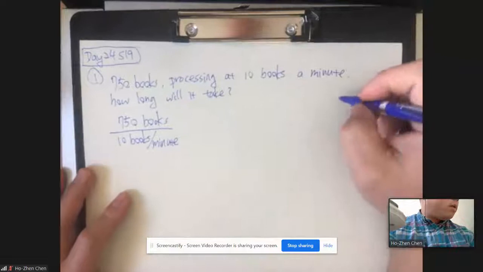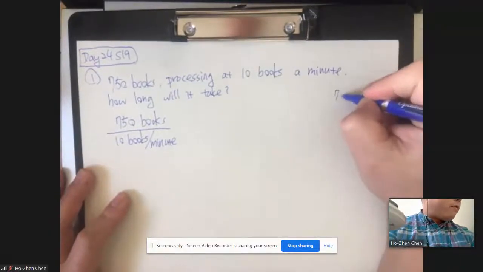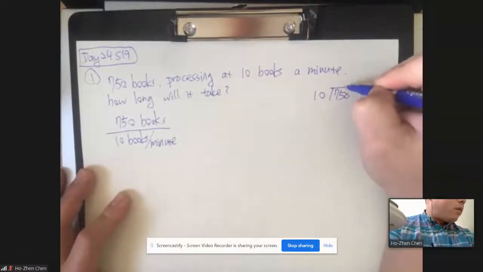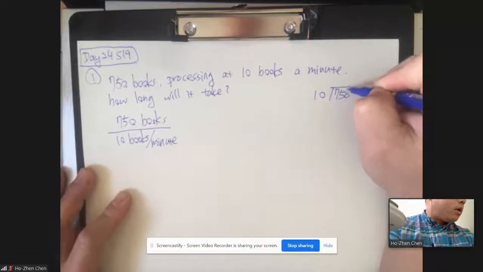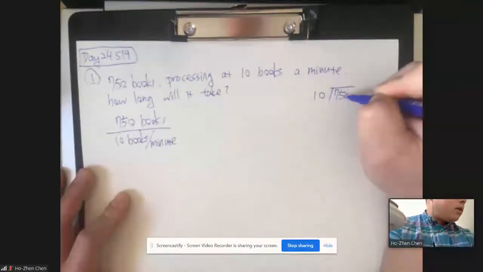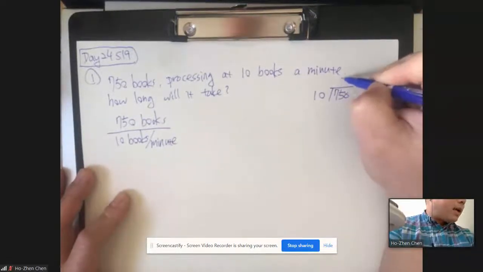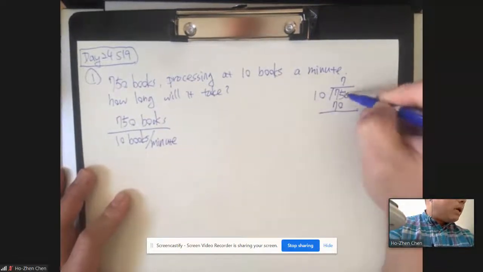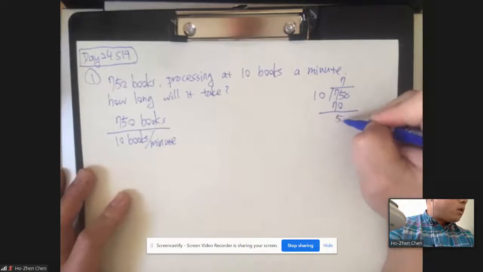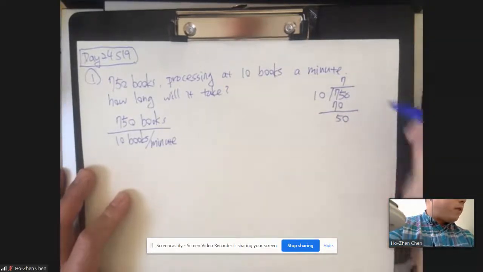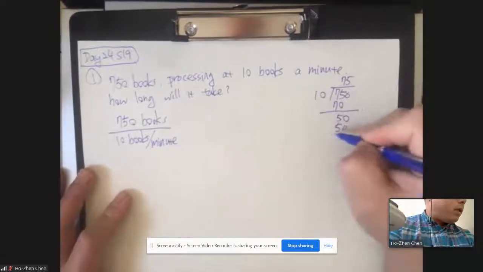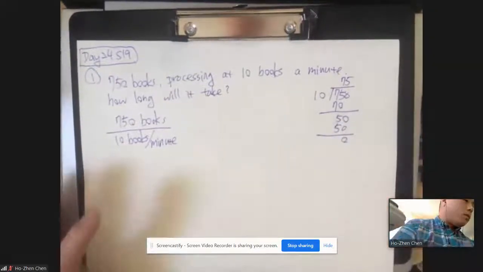If you want to do a little long division, we actually have space over here. So 750 divided by 10. It doesn't go into 7. It does go into 75, 7 times. So it's giving me 70, leaving me with 5. It doesn't go into 5, so it goes into 50. How many times? 5, giving me 50 with nothing left.